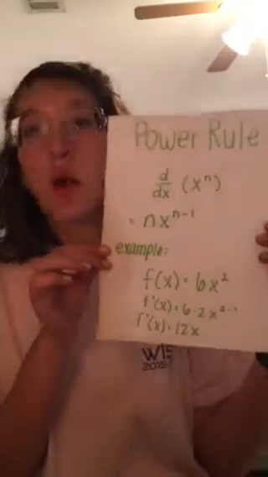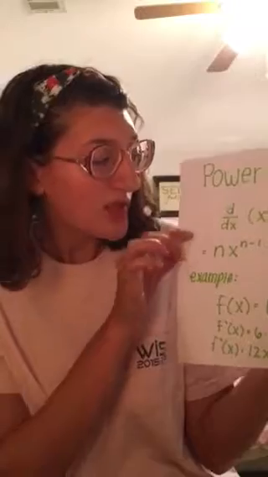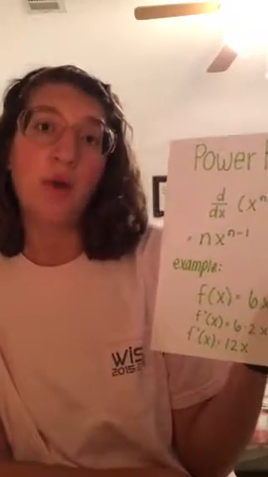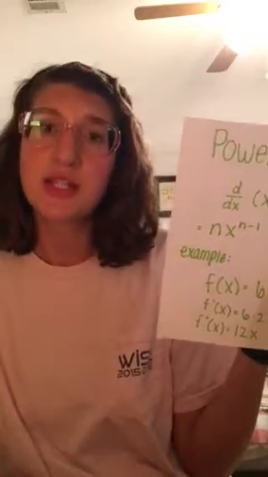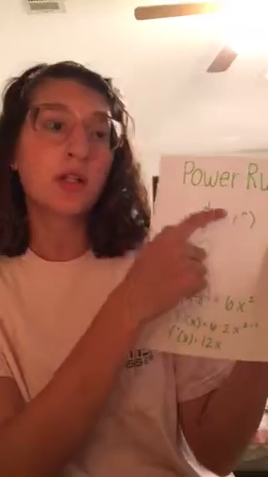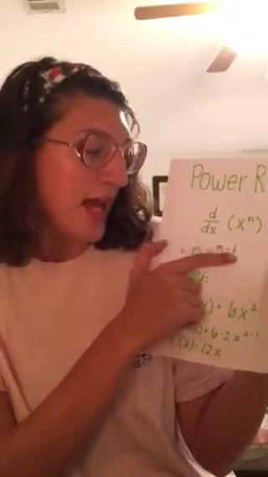The second rule is the power rule. This is when you are trying to solve a differential equation that has a variable raised to a power. This is denoted by d over dx of x raised to the nth power. In situations like this, you follow the general form of multiplying by the power n, times x raised to the n minus 1.